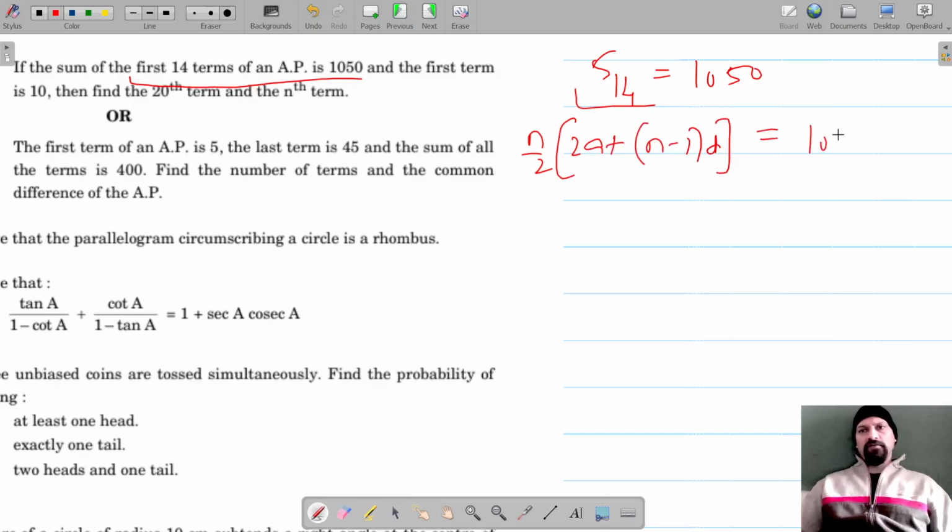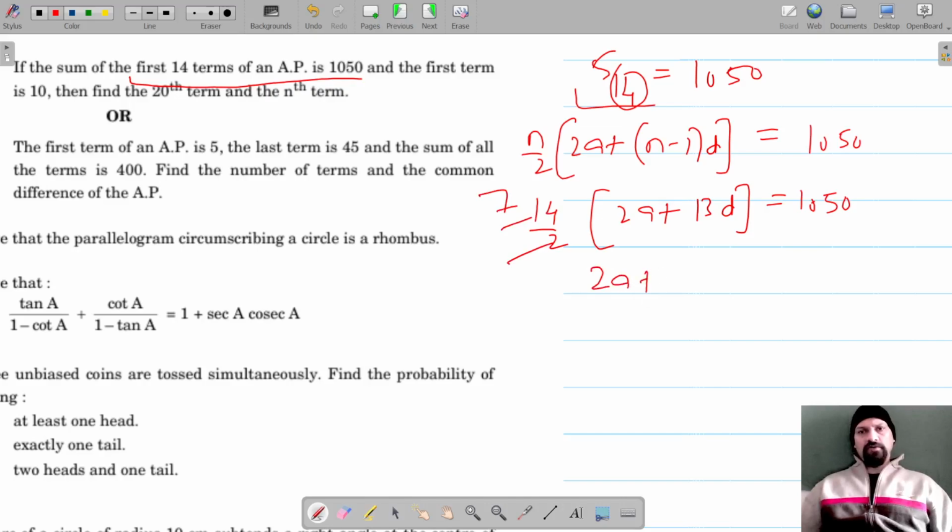It's given it's 1050, and this is n. If I replace the value of n, this is 14 by 2 into 2a plus 14 minus 1, which is 13d, is equal to 1050. So this is 7 into 2a plus 13d.